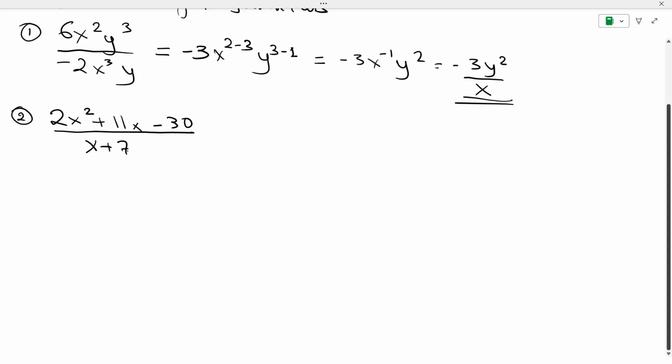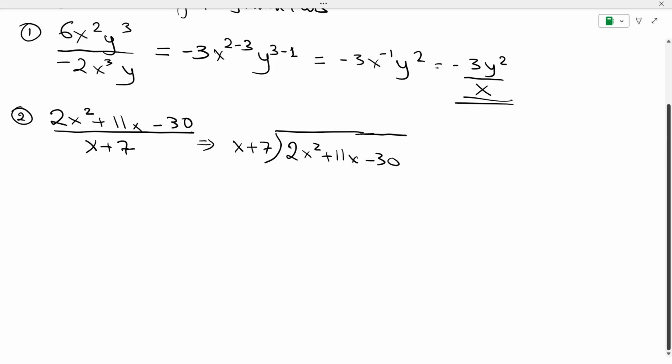In this case, we use the method of long division to actually get the answer. So long division looks like this. We have our expression there, 2x squared plus 11x minus 30, and this is supposed to be divided by x plus 7.